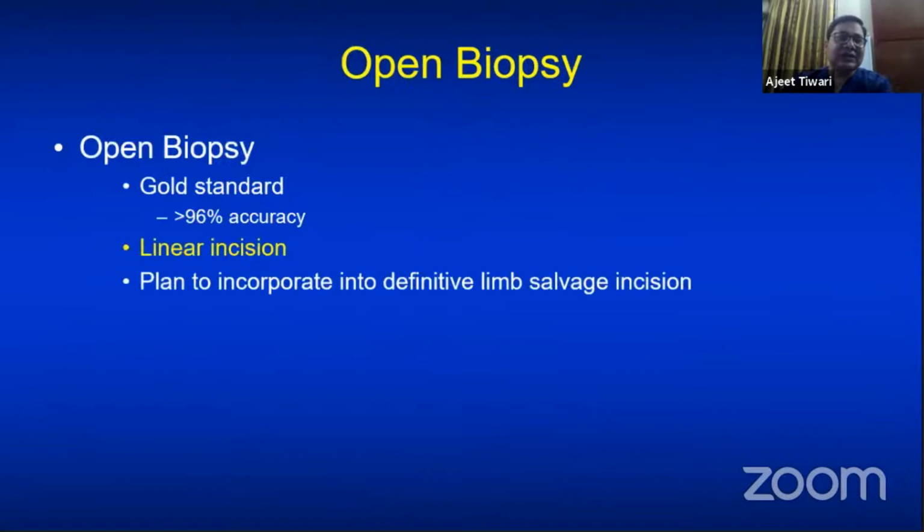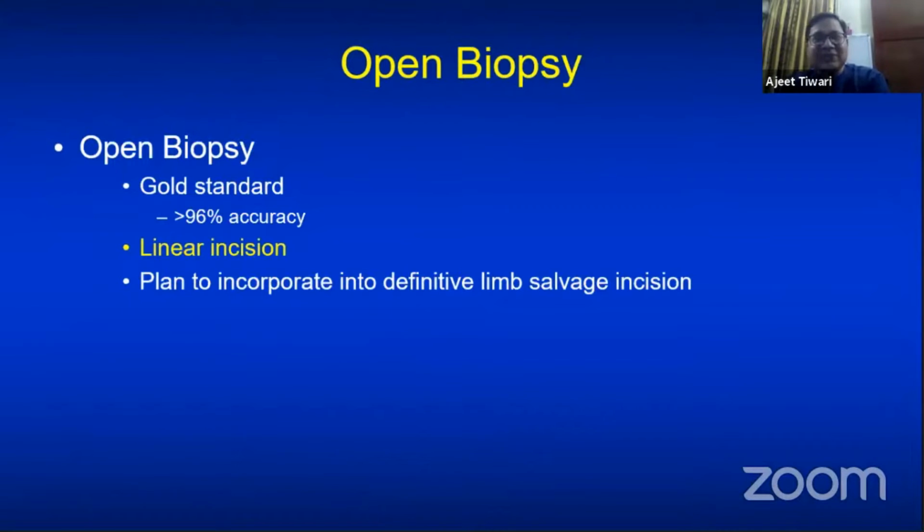Open biopsy is the gold standard for any kind of neoplasm or malignancy if you are suspecting one in the bone, and its accuracy is more than 96%. The important thing regarding open biopsy is to always put a linear incision and always plan the future surgery, plan where you are going to put the incision.